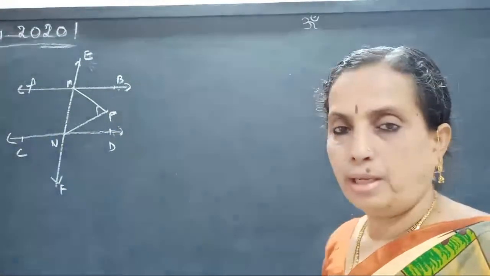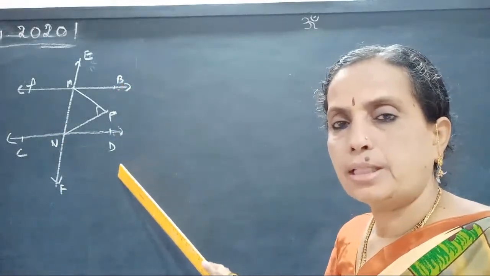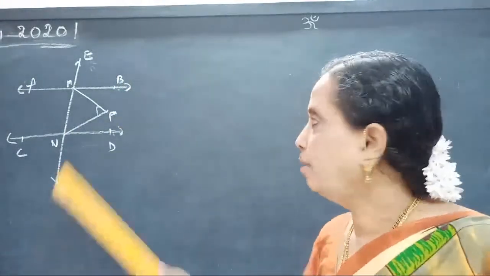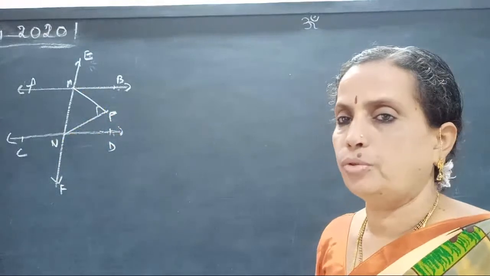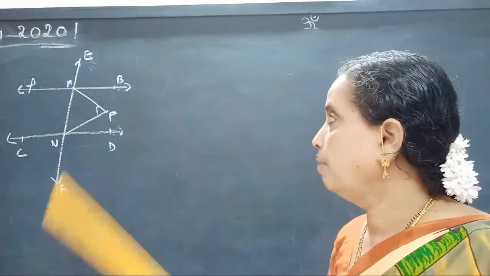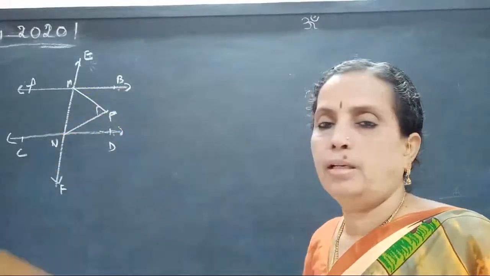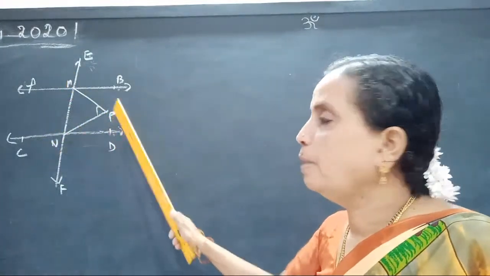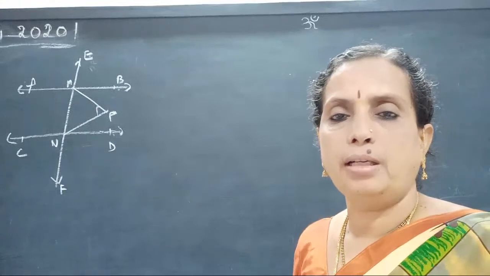Okay. In the figure, AB parallel to CD intersected by the transversal EF at points M and L, where MP and NP are the bisectors of the interior angles.